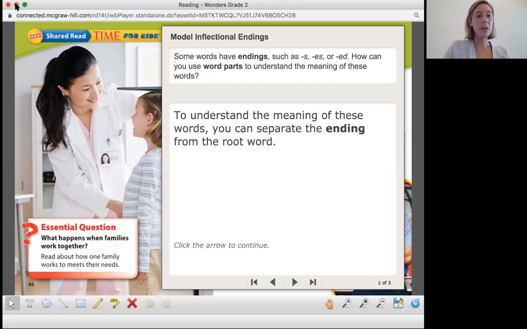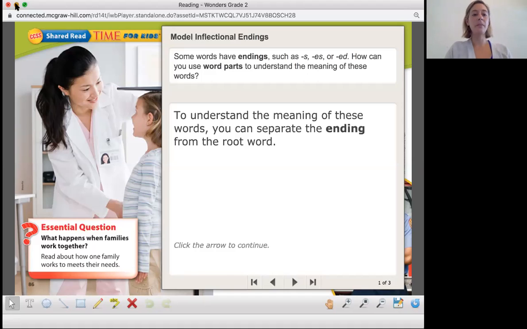But we could also have a word like play. If I say the girl plays baseball, with that S at the end, it doesn't mean more than one. It means happening now. So you have to be looking at the sentence to figure out, does that S at the end mean plural or does it mean happening now?